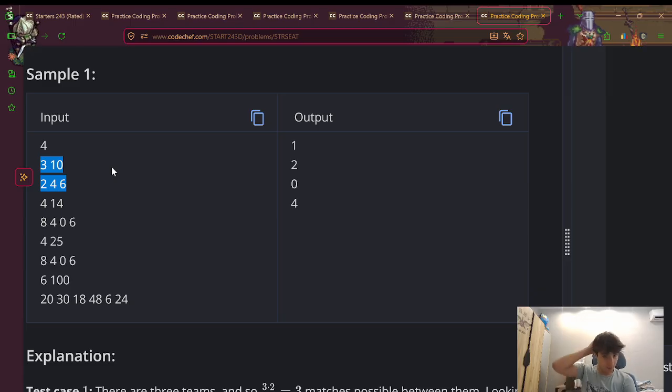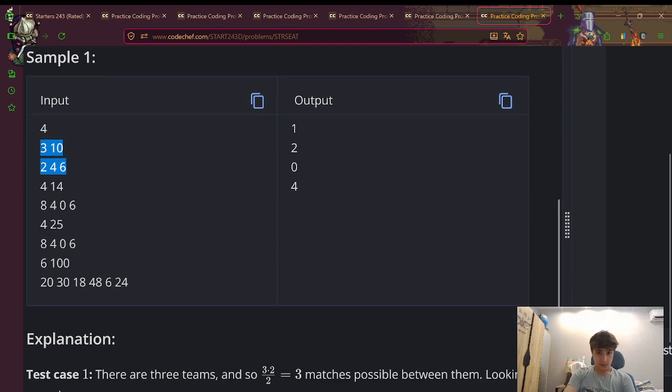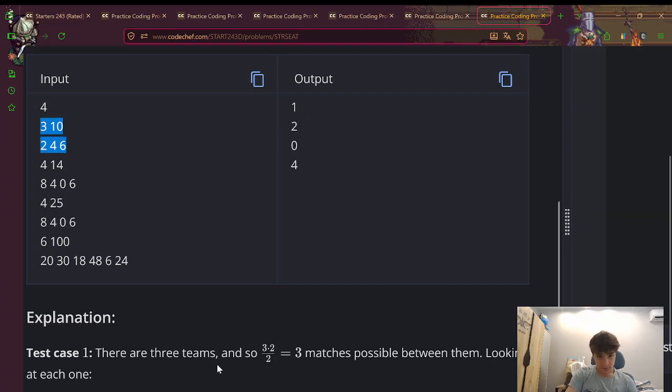Okay, so I have 10 seats. There are 3 teams, so 3 multiplied by 2 divided by 2, 3 matches possible between them.